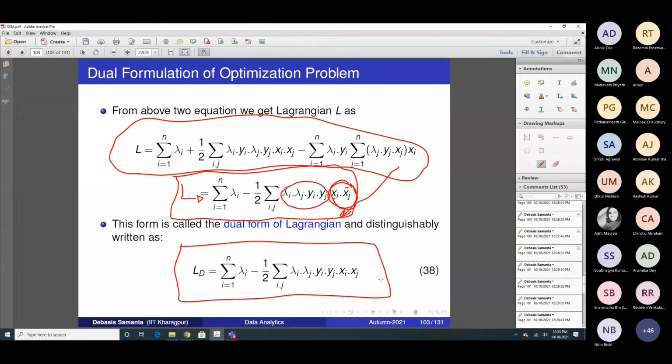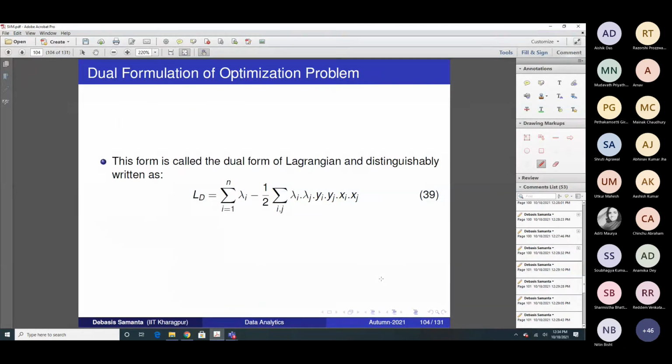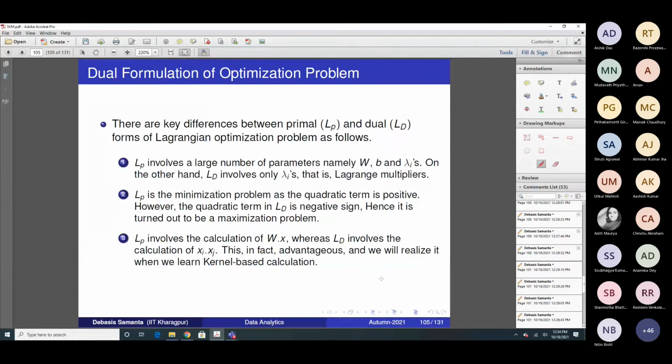This is an important deduction, and it has many useful consequences. Let's see what those useful consequences are. Anyway, you know LP versus LD, but there are certain differences between the LP and LD.